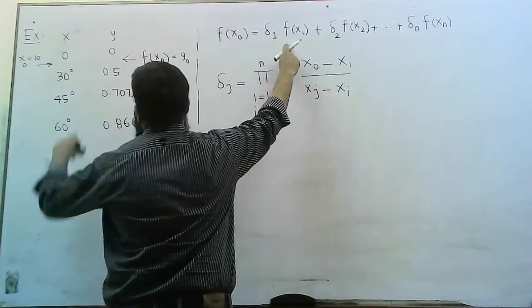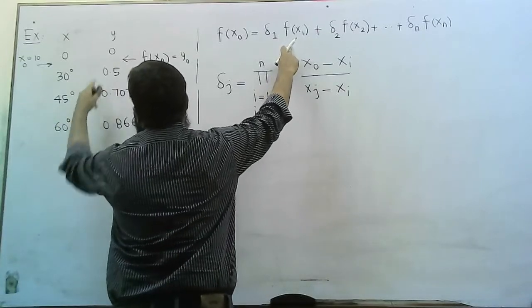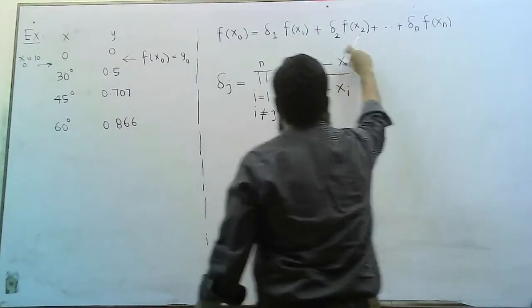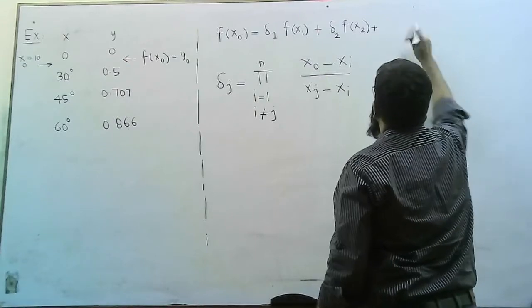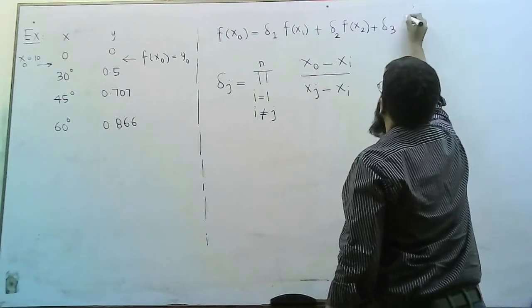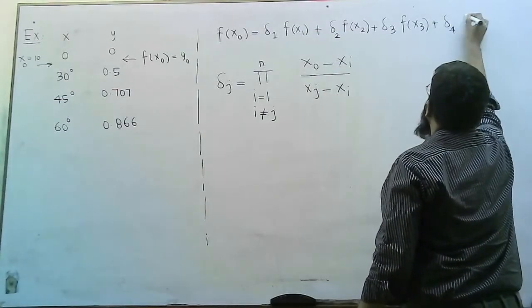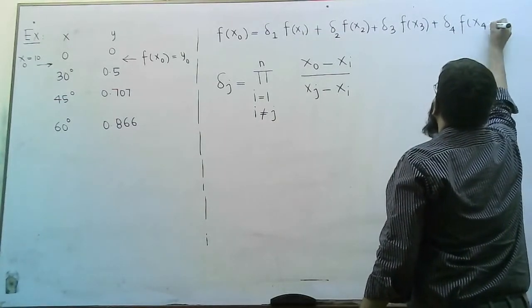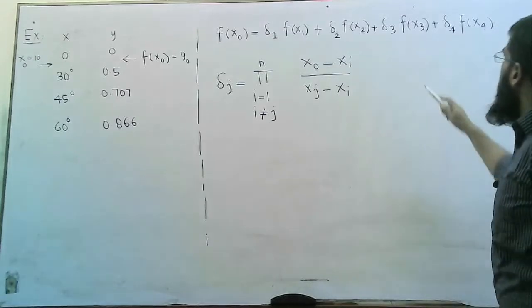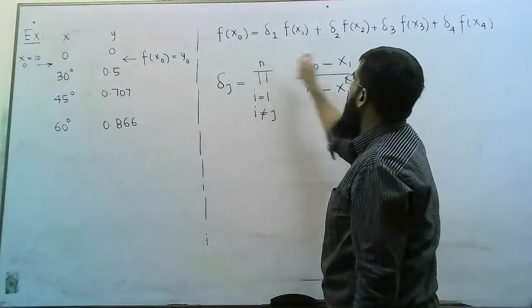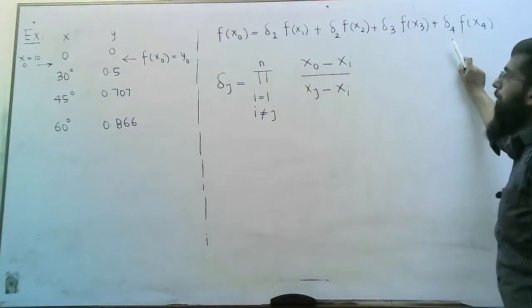Del 1 f of x1, because we have only 4 entries in this table, plus del 2 f of x2 plus del 3 f of x3 plus del 4 f of x4, and that's all. We have to find 4 values for del 1, del 2, del 3 and del 4.